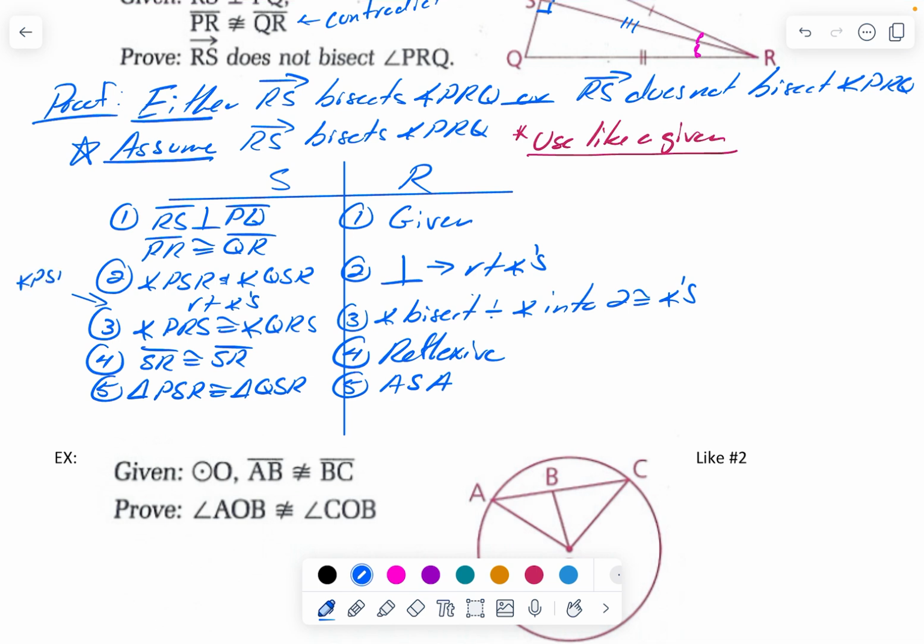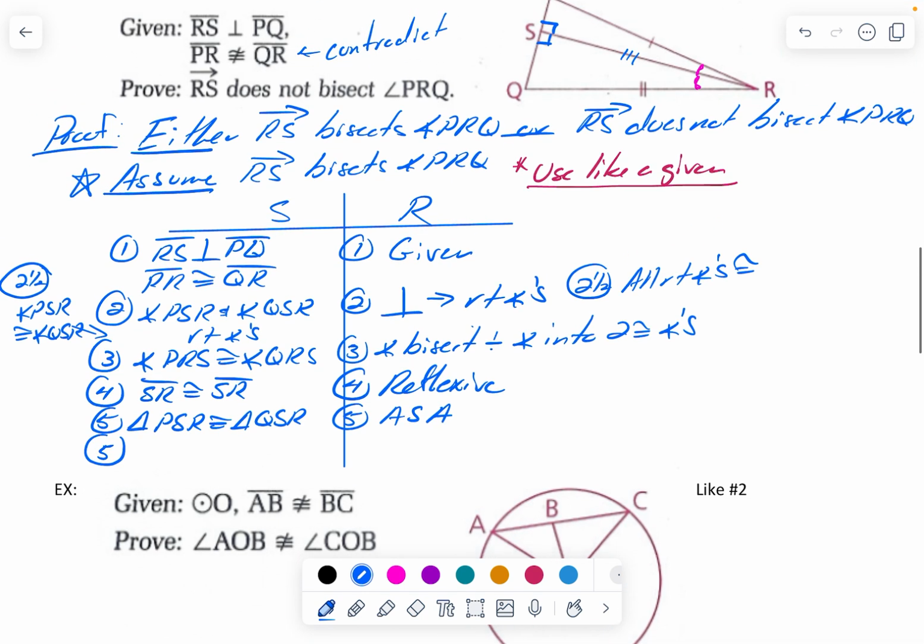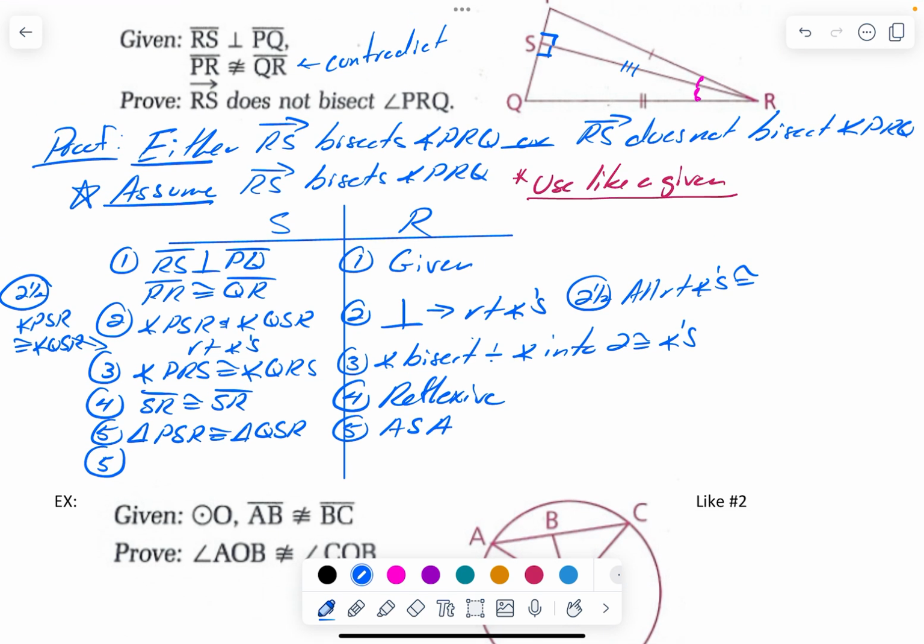Angle PSR congruent to angle QSR. This is 2.5. And 2.5 over here, all right angles congruent. Because I didn't use hypotenuse leg, I had to say that those angles were congruent. So now, if those two triangles are congruent, then that means that PR is congruent to QR.